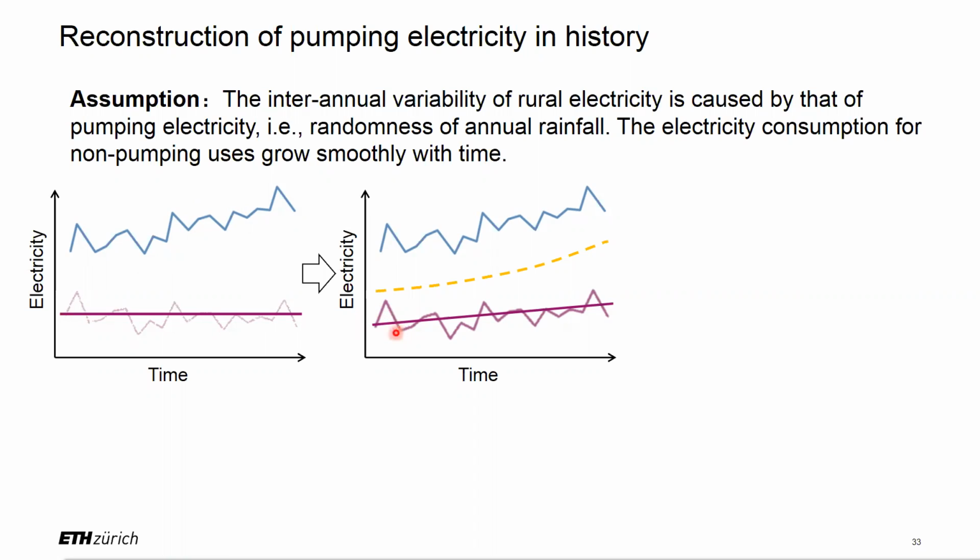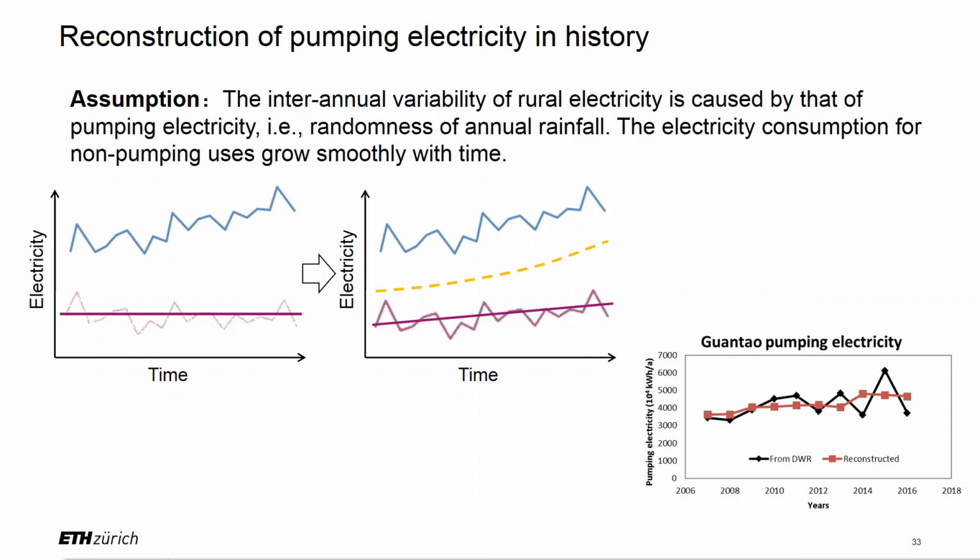You can also take into account the influence of declining water level, to set up the pumping electricity with an increasing trend due to the decline in water level. So this is the result in Guantao County, compared to the real pumping electricity.